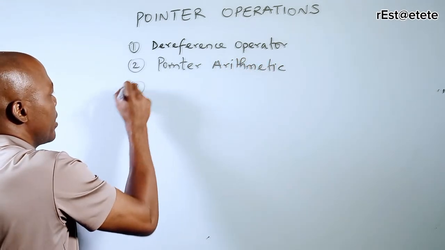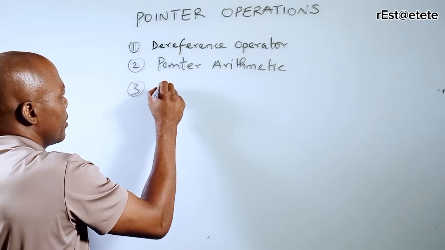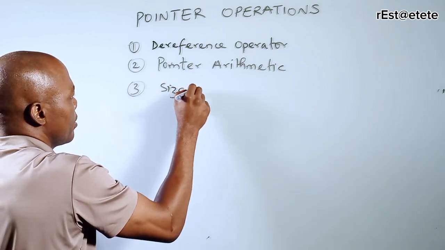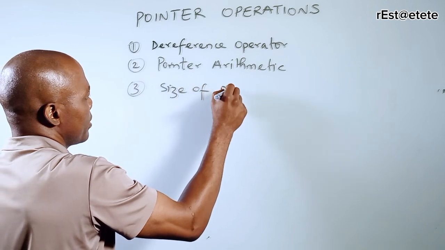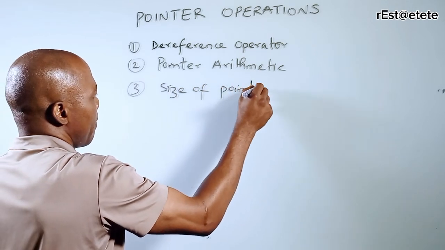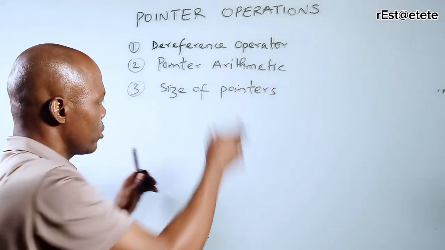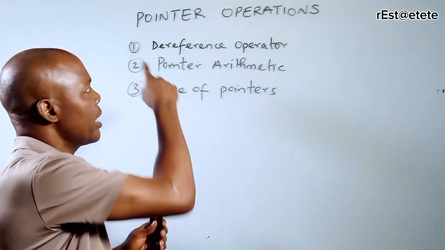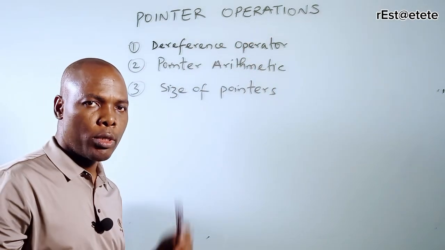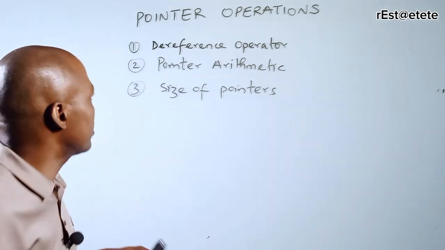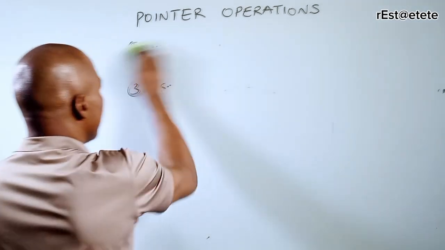And then I will look at size of pointers. Right? So these are just the three things I'm going to show you under pointer operations. So let's write our code immediately.